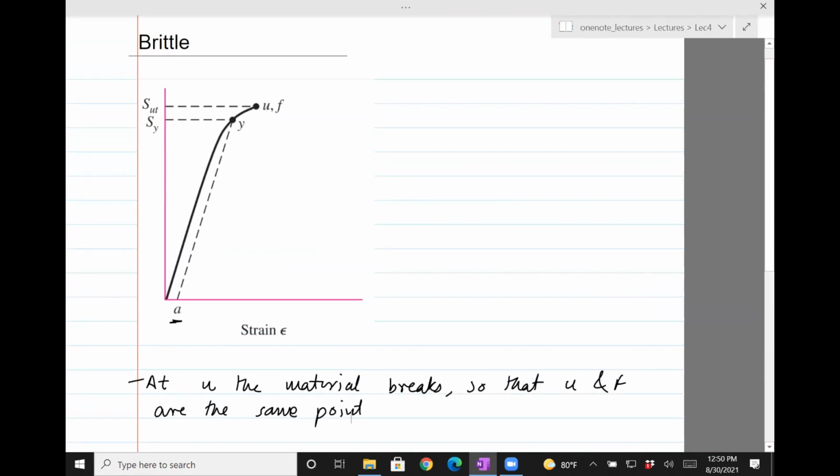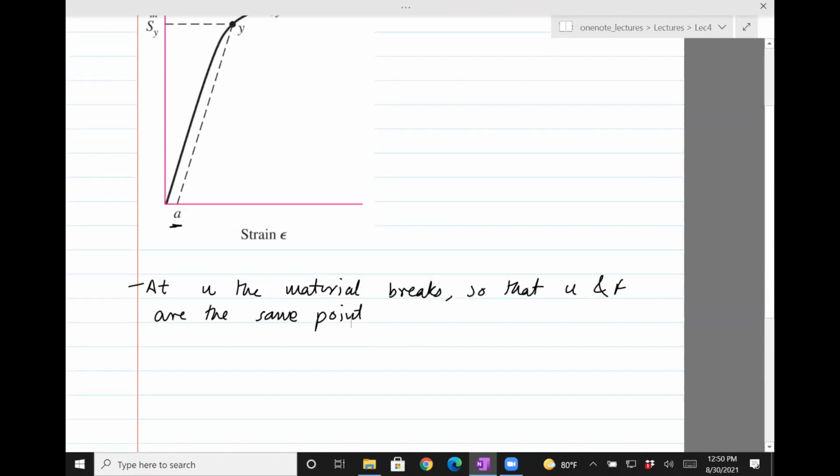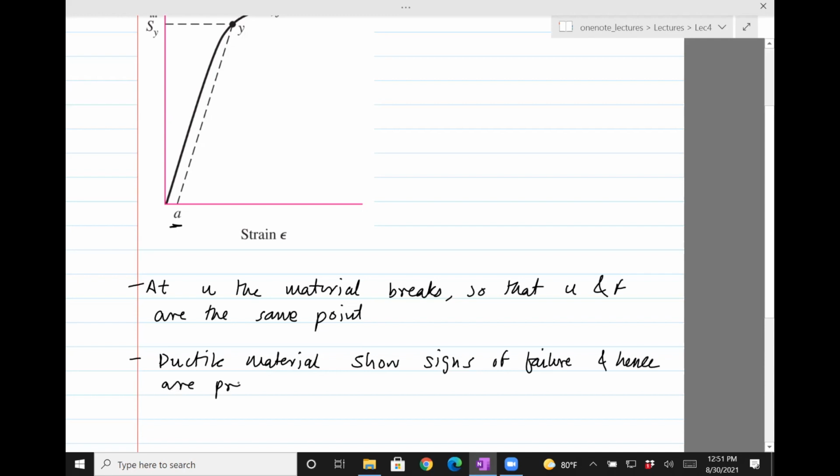And so before something catastrophic can happen, you can actually do something about it. So I'll just put it down. Ductile materials show signs of failure and hence are preferred over brittle material.